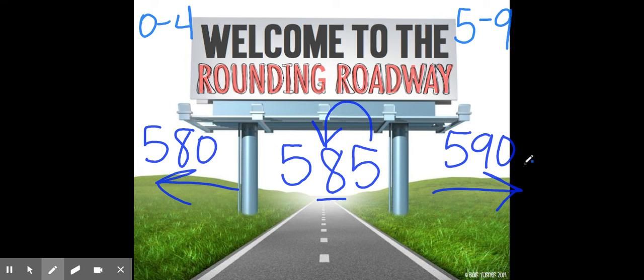Pause this video and press play when you're ready to reveal your answer. 585 rounds up to 590. Because remember, if it has a 5, we always round up, because if it's 5 through 9, it tells us to go up to the next 10.